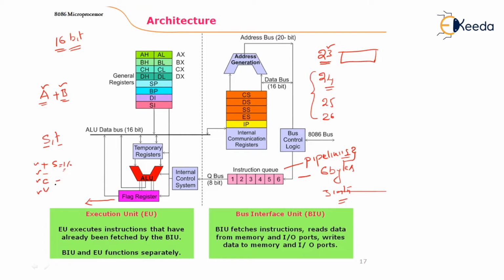The carry flag will be equal to 1 if there is an end carry. That is, every time you perform an operation, if the result produces a carry, then the carry flag will be set to 1. What is the overflow flag? The overflow flag will be set to 1 if the output contains a wrong sign. That is, when two positive numbers are added, the result should also be positive.